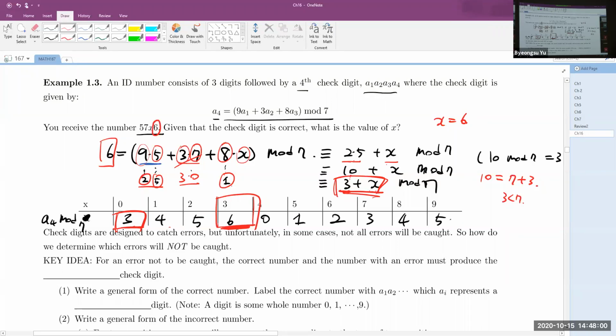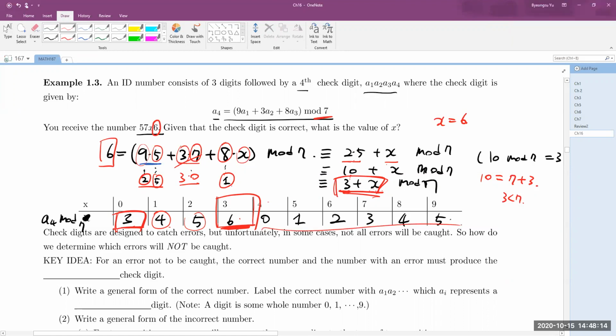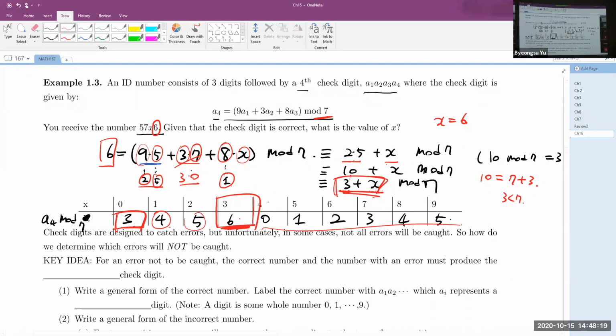When x is 1, you get 4. x is 2, you get 5, then 6. But when x is 4, then 4 plus 3 is 7, but 7 mod 7 is 0, right? So that's how we get it. Okay, I understand. Thank you. Sorry for taking much more time, but okay, see you next week.